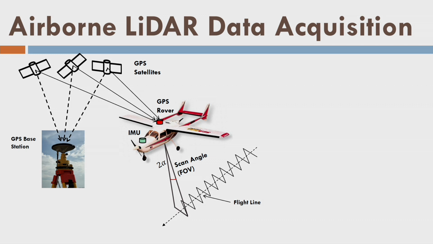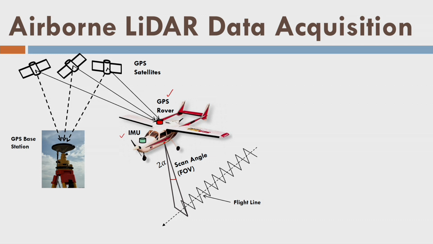You can see there is an aircraft, and the aircraft is mounted with three sensors. One is GPS, another is the inertial measurement unit, or IMU, and the third is the laser scanner, which is sitting at the bottom of the aircraft where I made the dot.